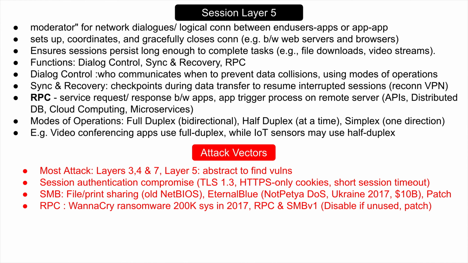This WannaCry ransomware encrypted the data, and it exploited the remote procedure call or RPC and the vulnerable SMB version, that is version 1. So if you are using SMB version 1, you have to upgrade or patch it, or otherwise, if these protocols are activated but not used, you can disable them as well.